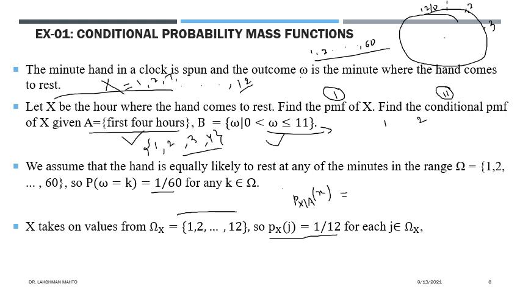How do we calculate that conditional probability mass function? If you are listening to me, then just try to answer it. Ashish, any other who would like to answer it? Okay, fine. I need to answer it again.